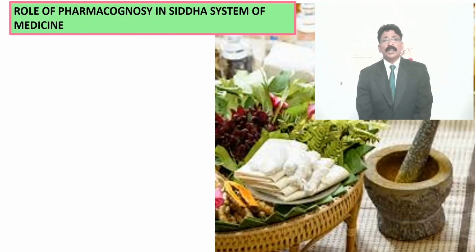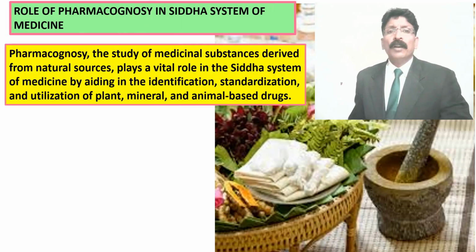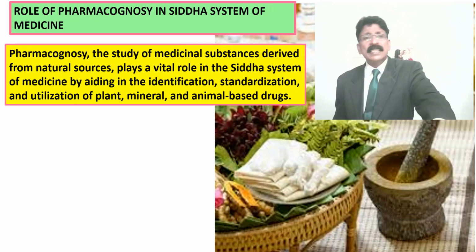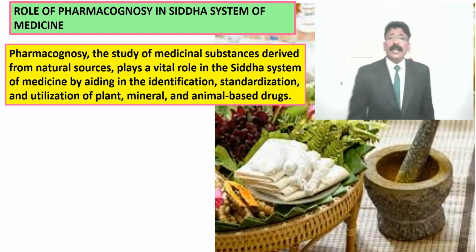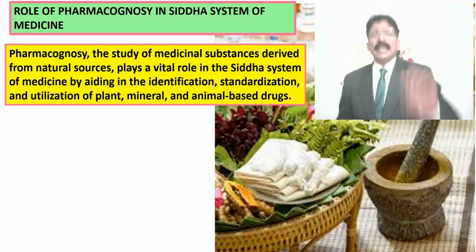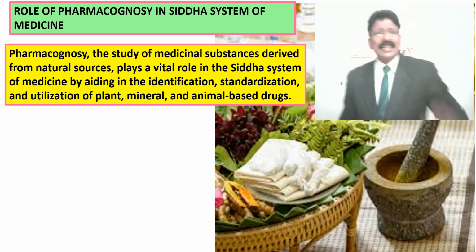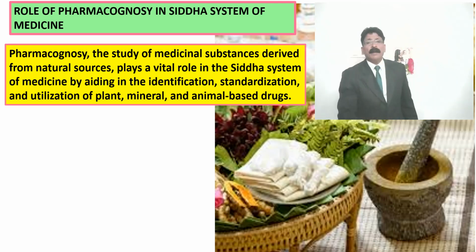The role of pharmacognosy in Siddha system of medicine. Pharmacognosy, the study of medicinal substances derived from natural sources, plays a vital role in Siddha system of medicine by aiding in identification, standardization, and utilization of the plant, mineral and animal-based drugs.